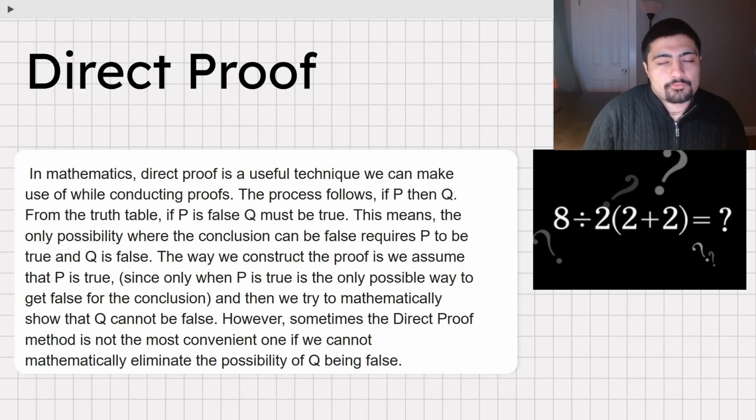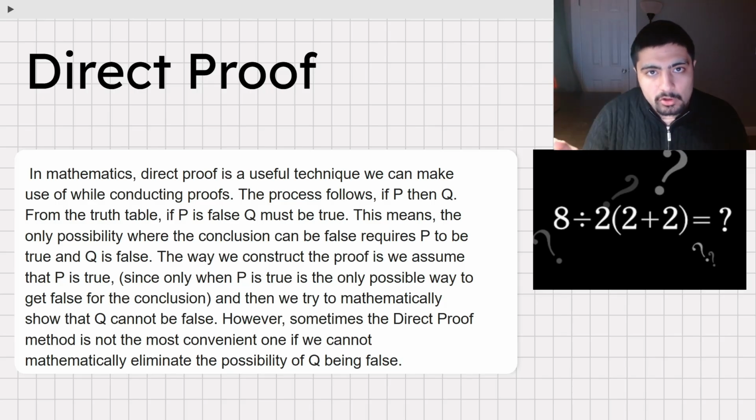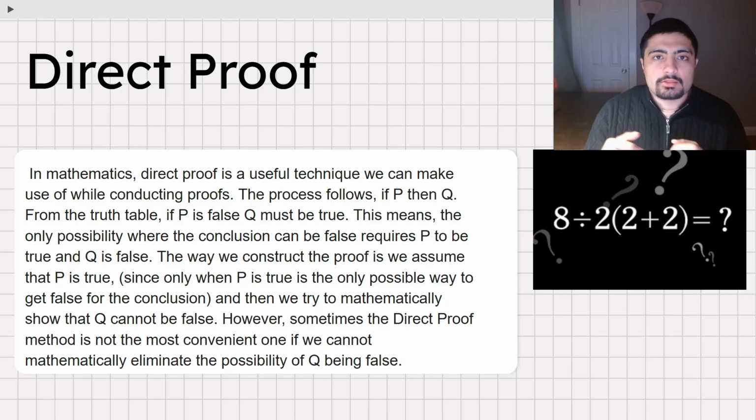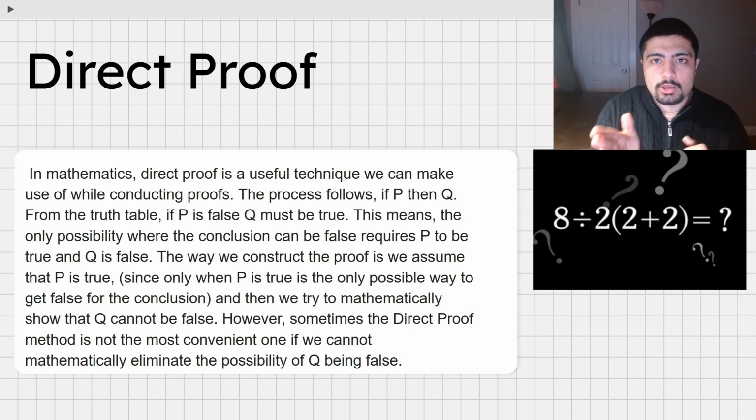But for direct proof, the only way we can make the statement false is when the antecedent, the assumption, is true and the consequent is false. So true implies false will be a false statement from the truth table.